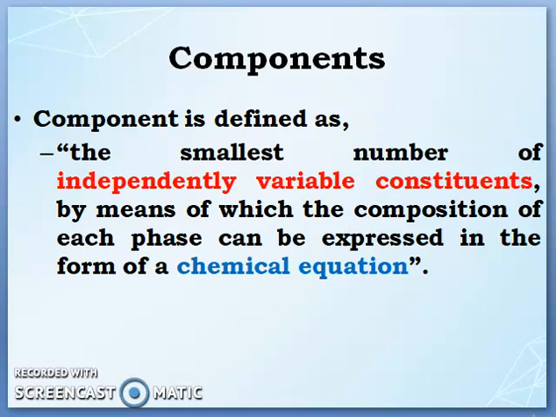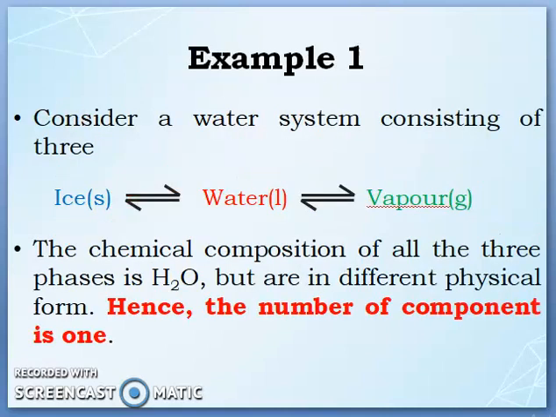I repeat, component is defined as the smallest number of independently variable constituents by means of which the composition of each phase can be expressed in the form of chemical equation. Let us discuss and learn with examples.